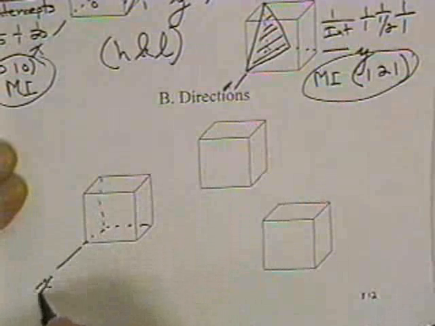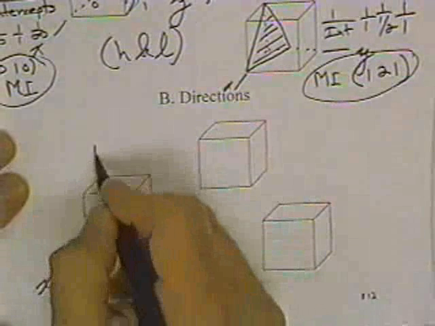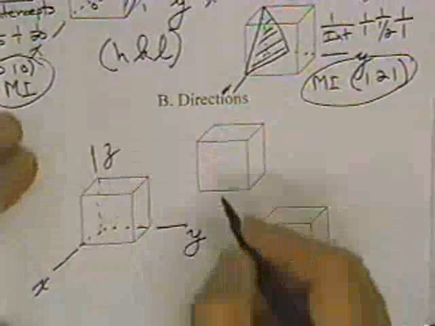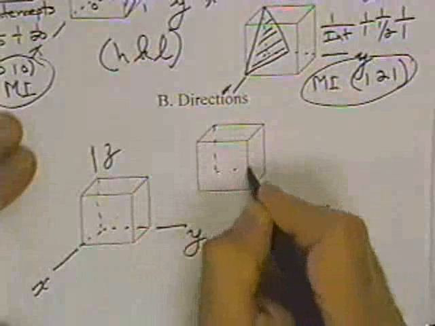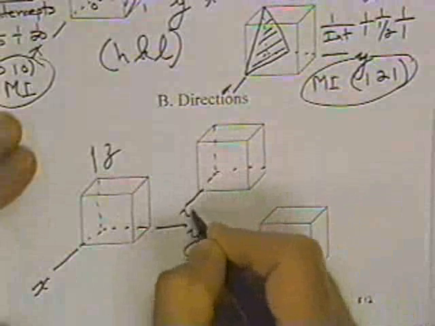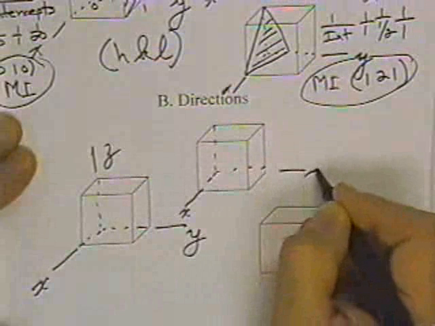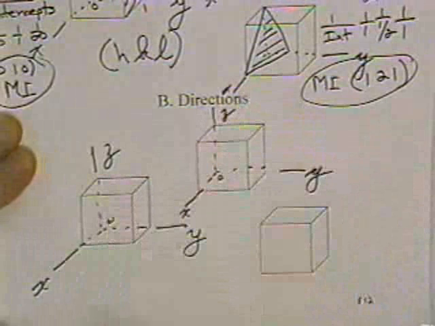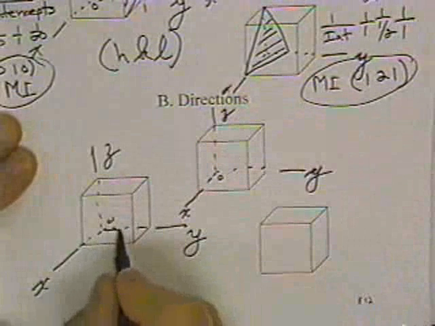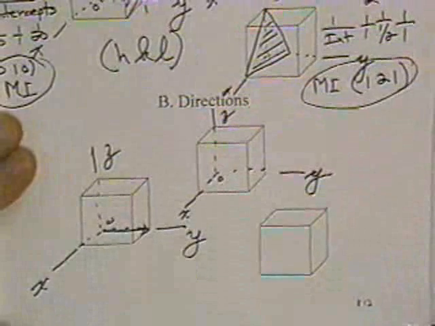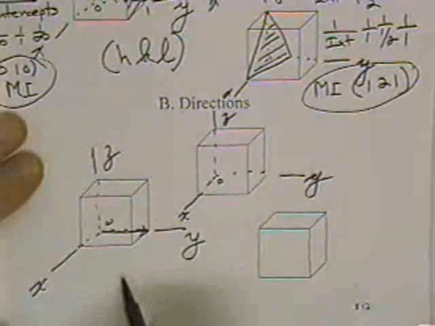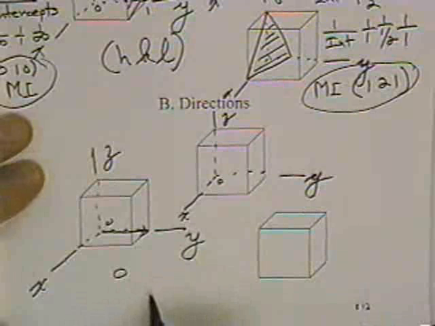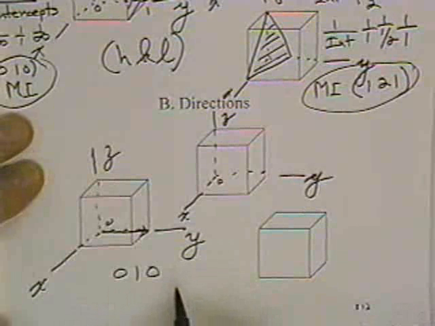We'll use the same coordinate system, X, Y, and Z. We'll put the origin back, and let's try this direction right here. So the direction is 0 in the X, 1 in the Y, 0 in the Z direction.